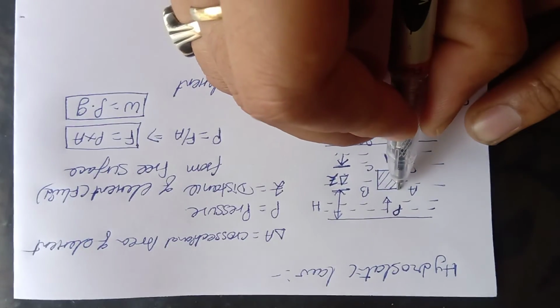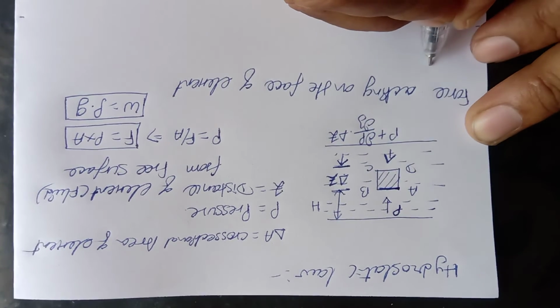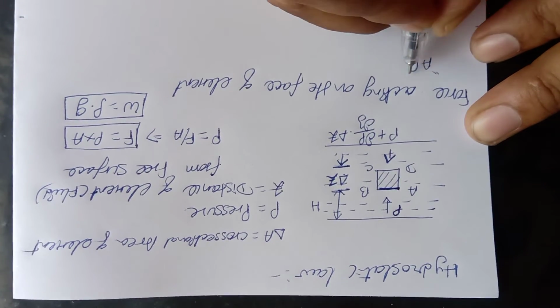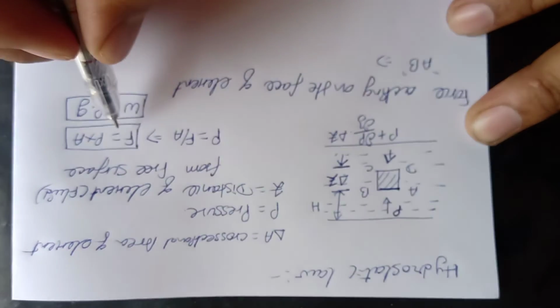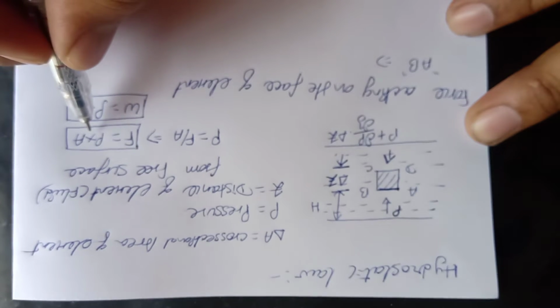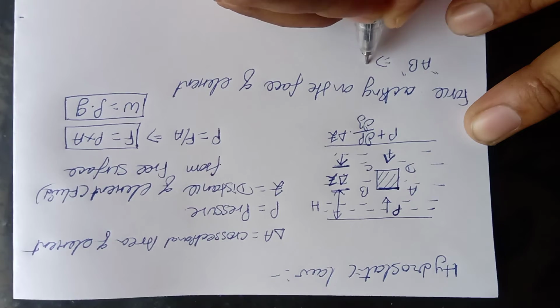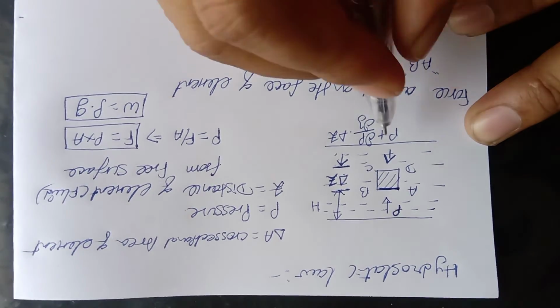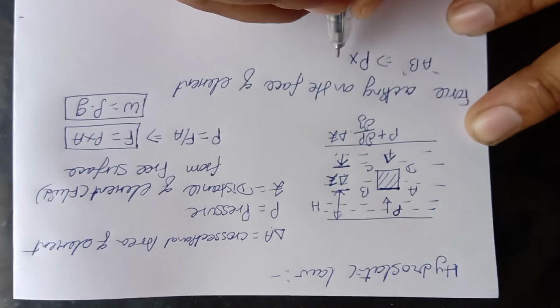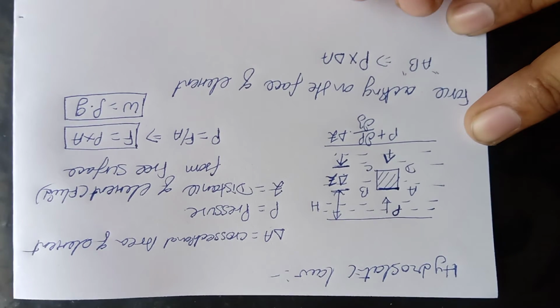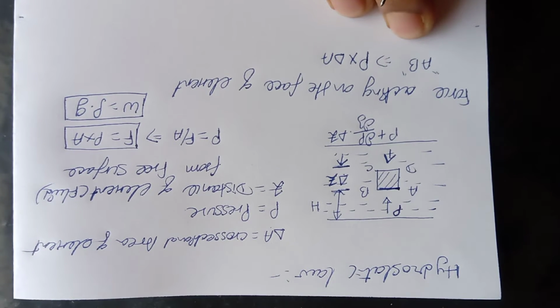First one, this face AB. Force is equal to pressure into area. So at AB, its force will be P into the area of this face, that is delta A. Any doubt? That's it.